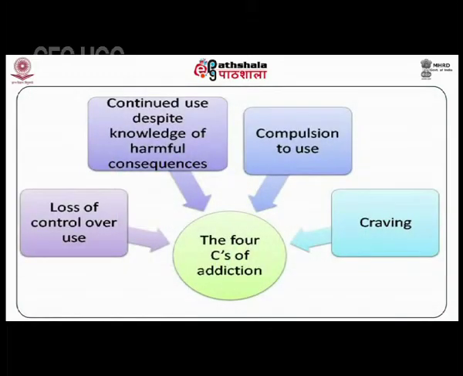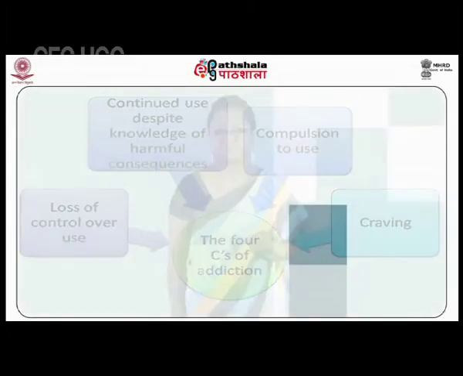The 4 C's of addiction are loss of control over use, continued use despite knowledge of harmful consequences, compulsion to use and craving. Let us now come to addictive behavior.